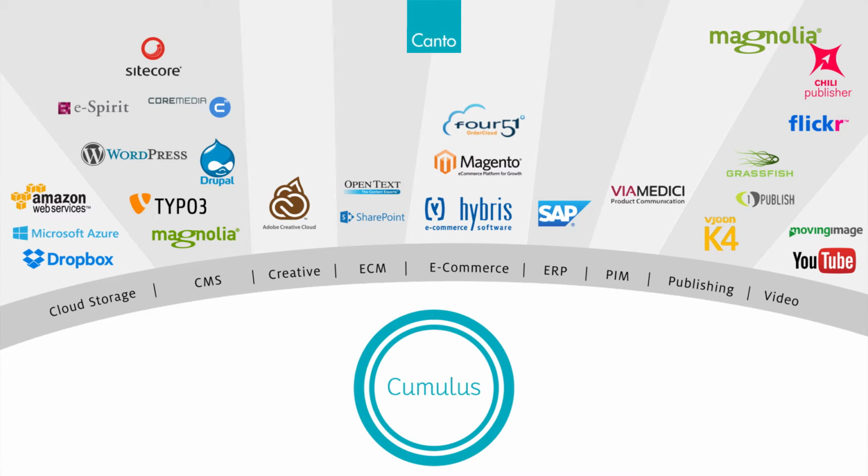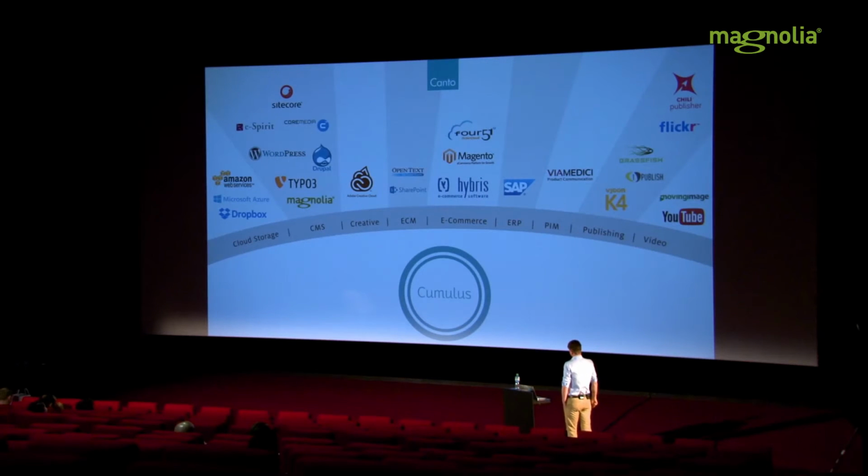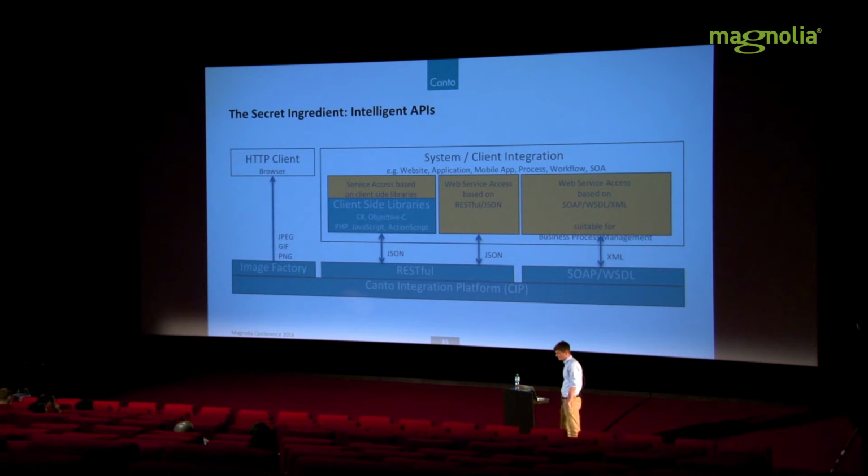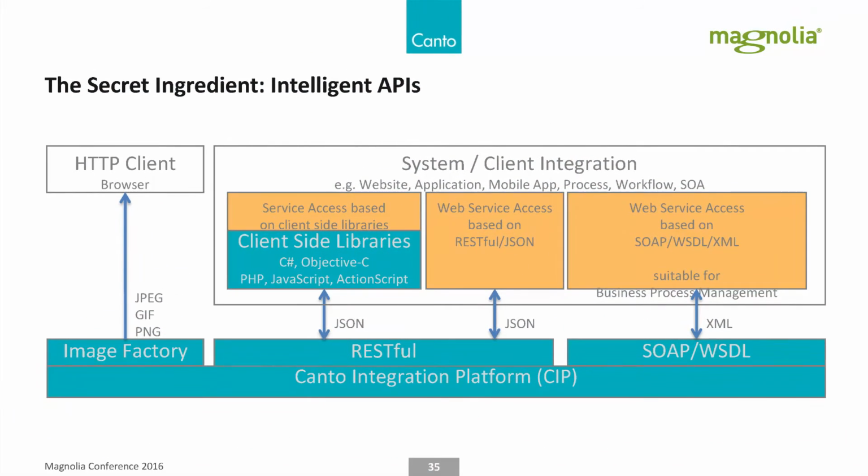So you can integrate our system not only with Magnolia, you can integrate it with a new PIM system, with different e-commerce systems. And once you see that you can manage all your channels, all the media assets with Cumulus. But we don't only have standard integrations, we also have a great API. And Magnolia also has a great API and it's all about integrations.